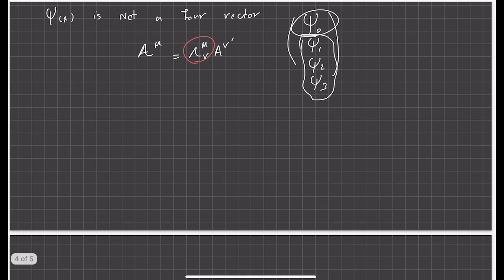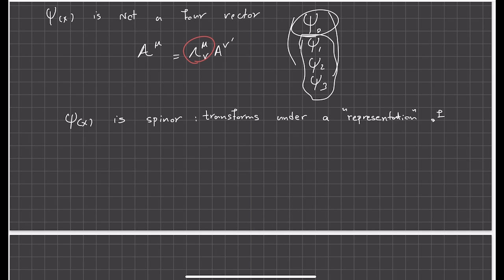So this psi of x is a spinor. And when we say a spinor, it means it transforms under a representation. This word is very important.